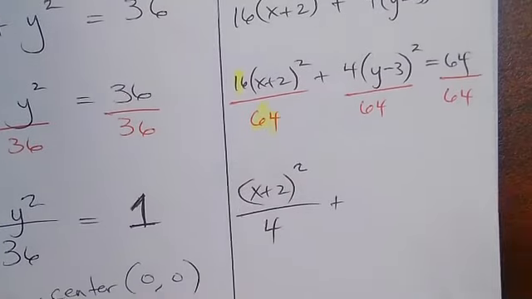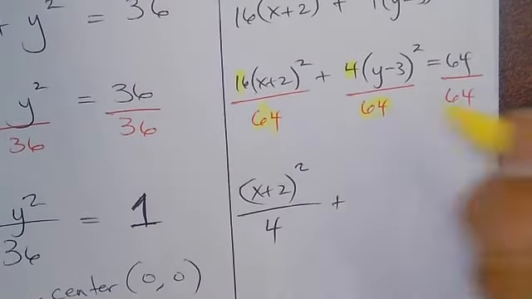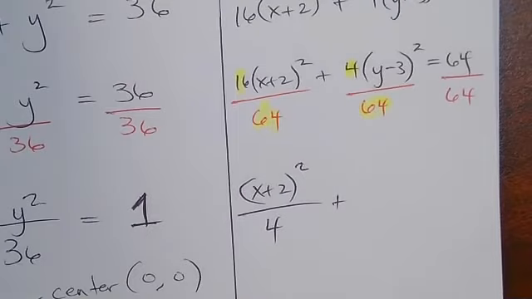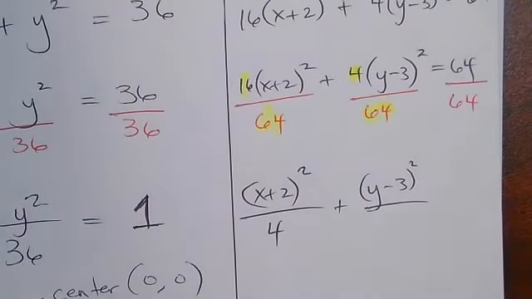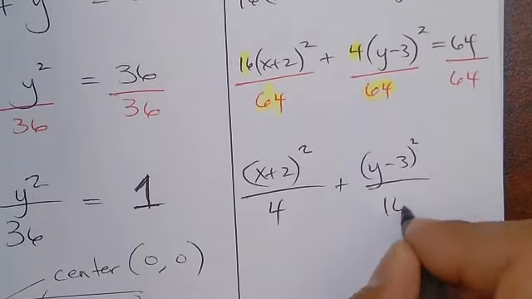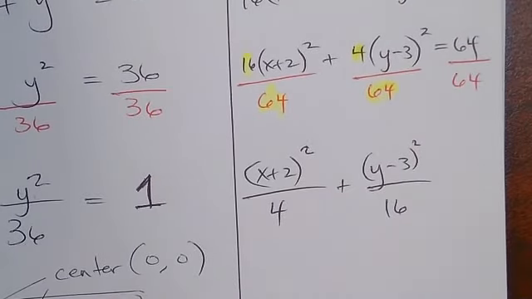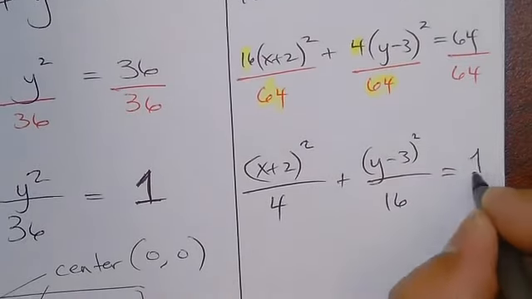Yeah? And plus what? And then how do these reduce? 4 times what is 64? Well, we already know it's y minus 3 squared over what? What's left over here? 16. You guys see that? Okay. Equals what?